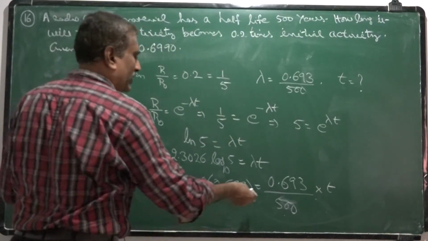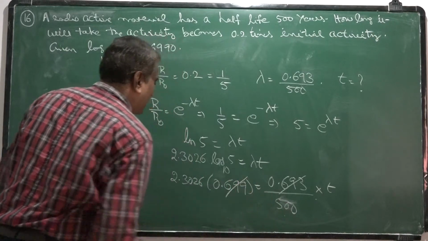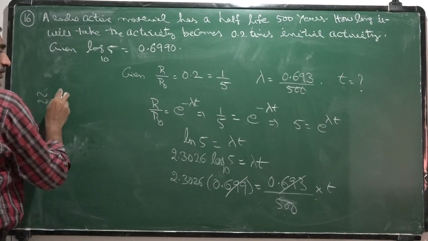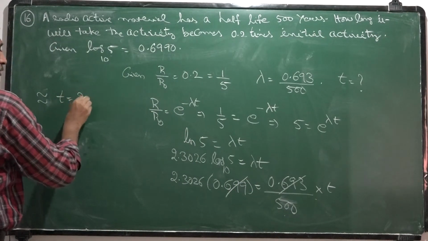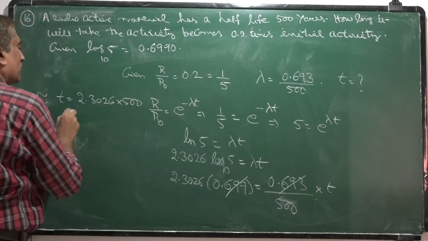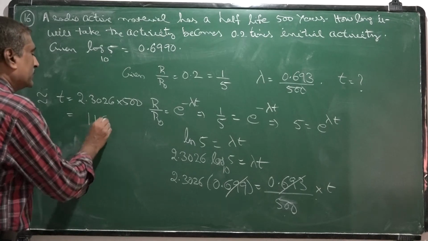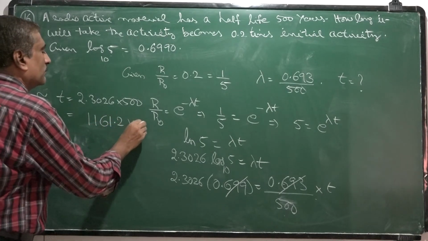So we can cancel out 0.699 and 0.693 approximately, so small t is approximately 2.3026 × 500. If we take the exact value, we get 1161.2 years.